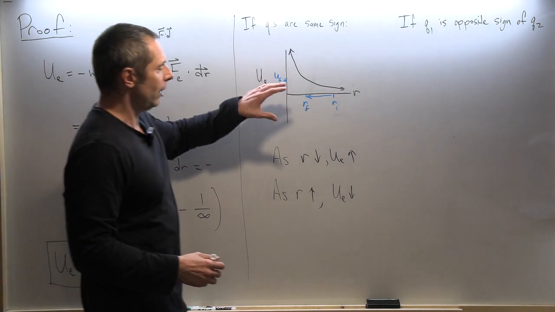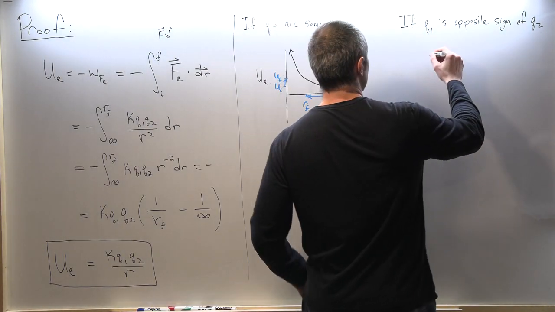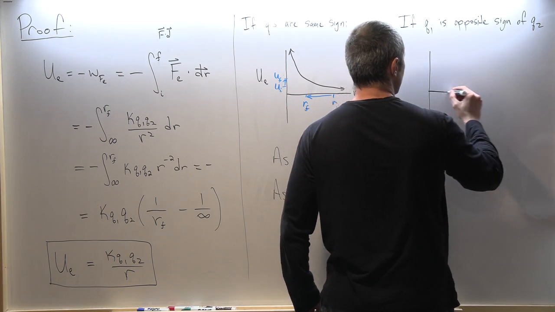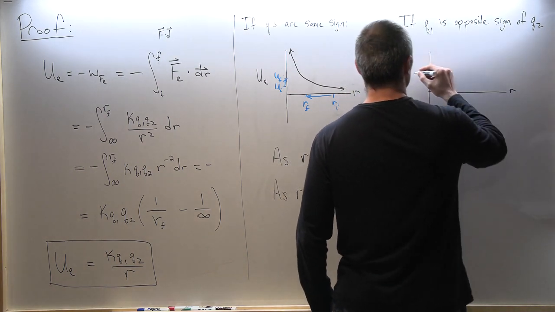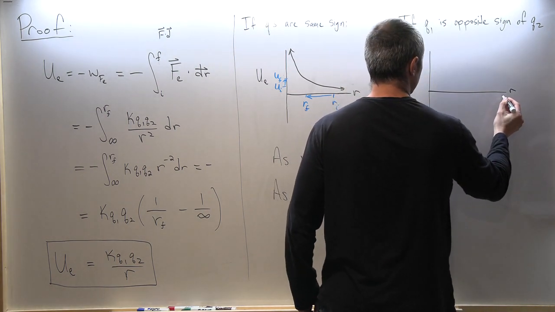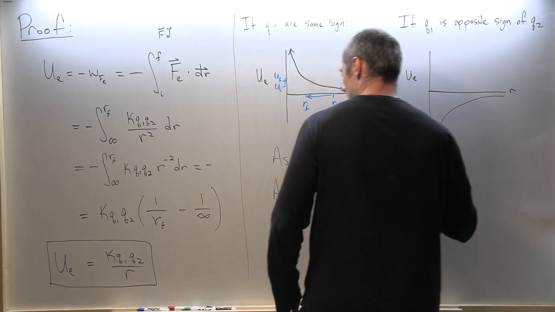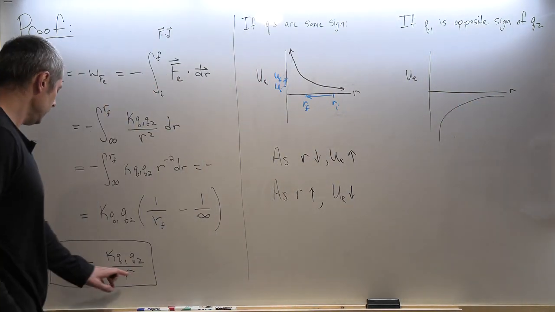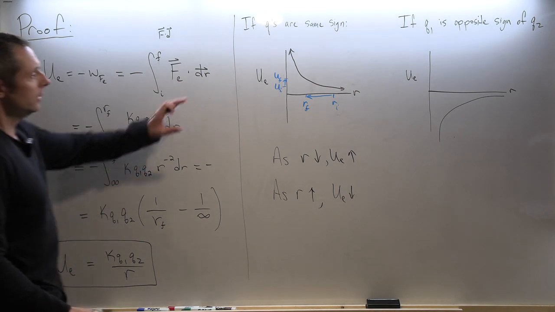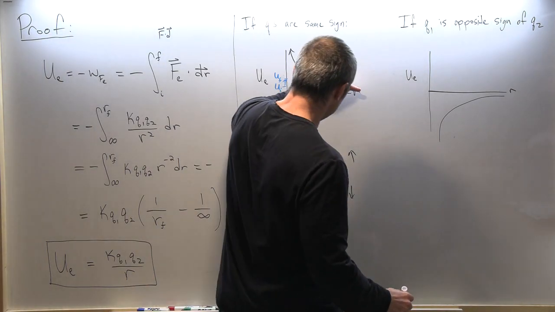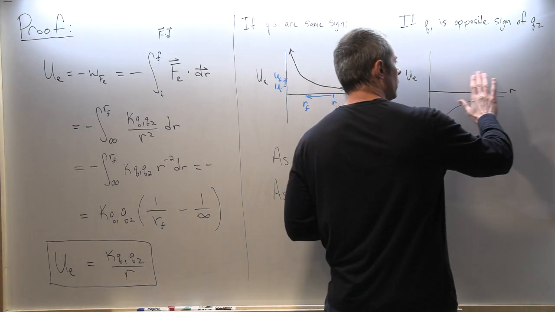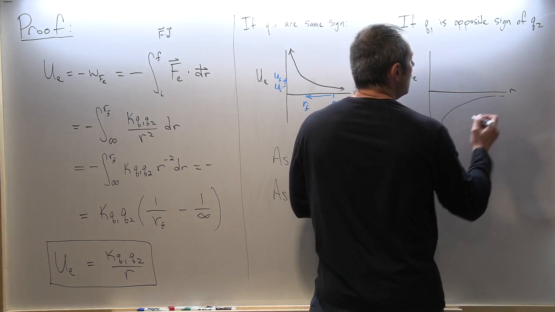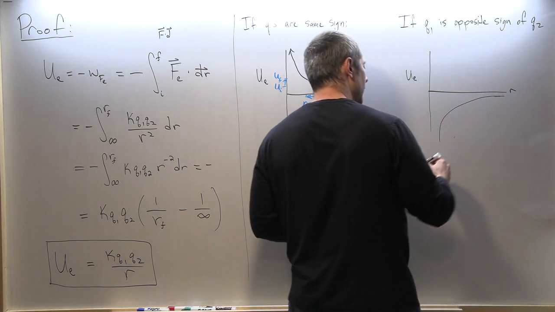And so it's this graph, but underneath. Always negative. But the same thing, as R goes to infinity, the function goes to 0. So as R goes to infinity, it gets closer to 0. Same here, as R goes to infinity, it gets closer to 0, but starting from the negative direction.